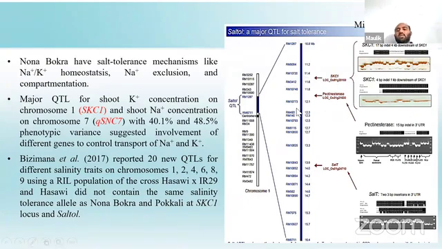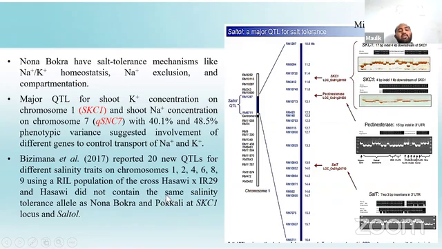See, this is the Saltol locus on chromosome 1, responsible for salinity tolerance. Other than this, Benjamin et al. reported some new QTLs, which are not present in Nona Bokra and Pokkali, using a RIL population of Hasawi and IR29.